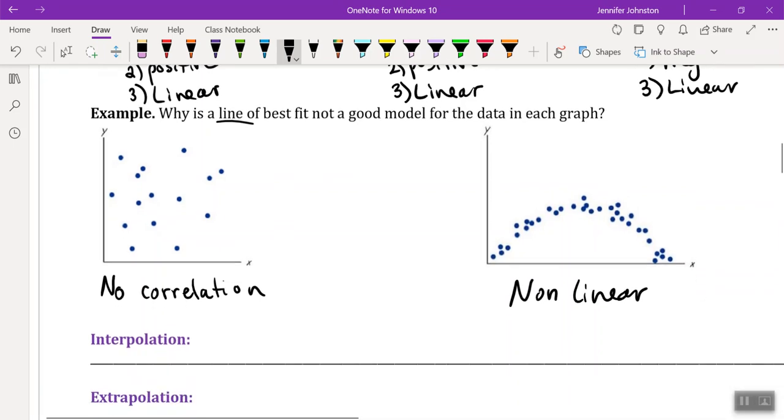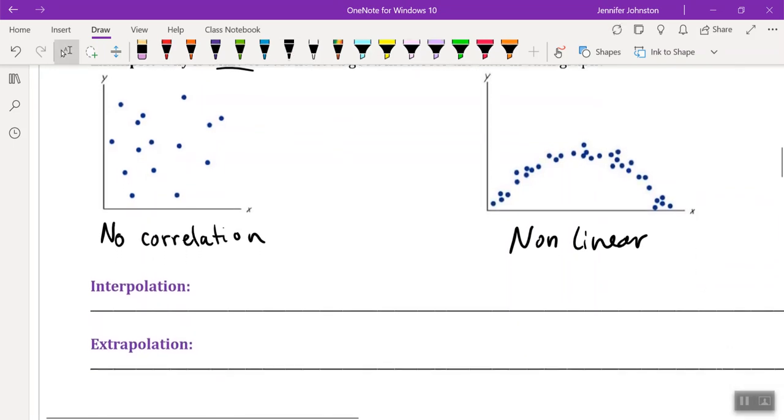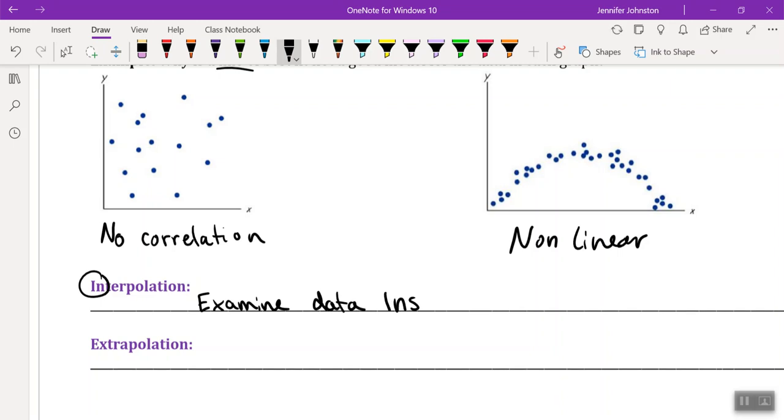All right, and a couple of new words that we're looking at here is interpolation. Interpolation starts with in. So this is you're examining data inside the graph. So wherever you plot your points, you're looking at your points inside where the points are. So these are all your given data.